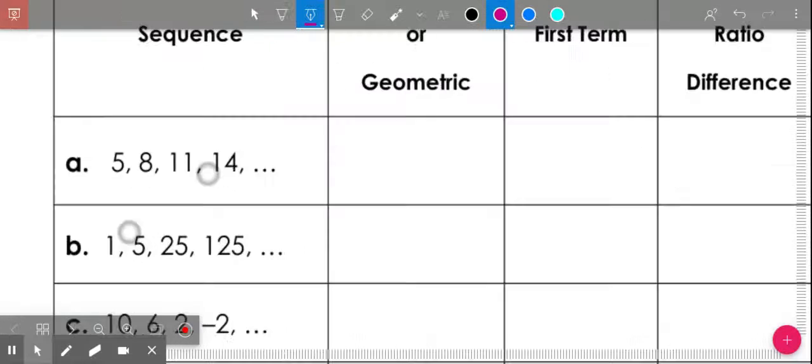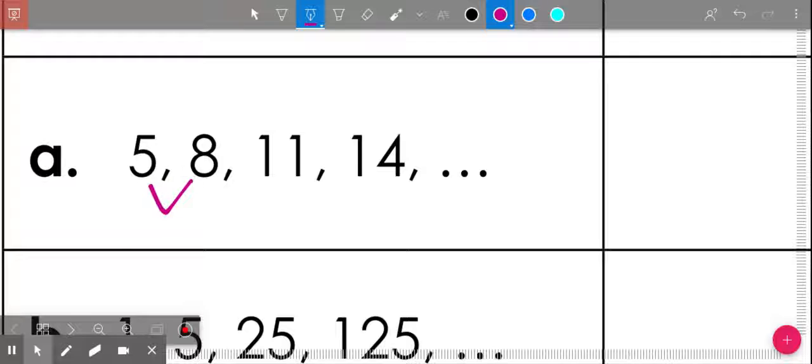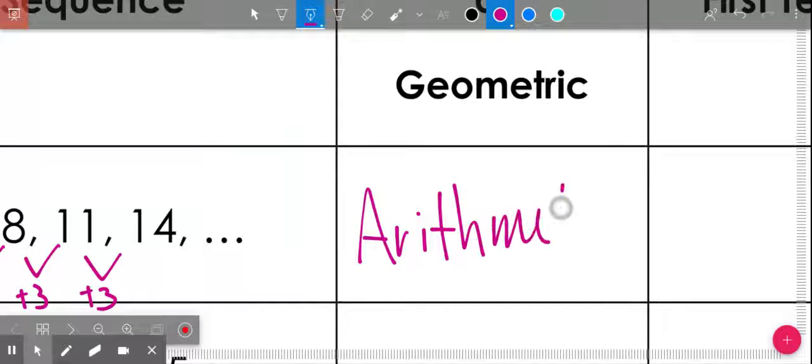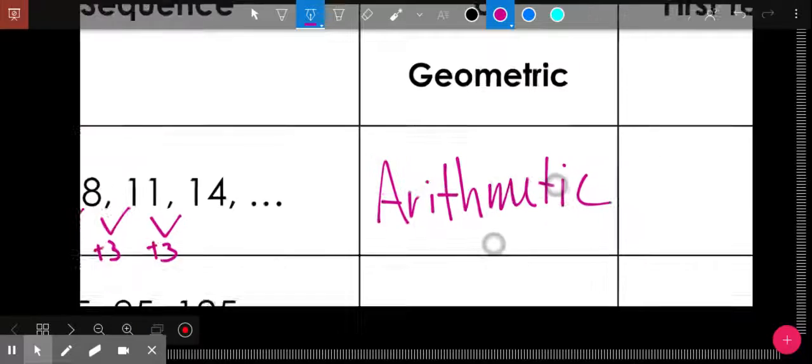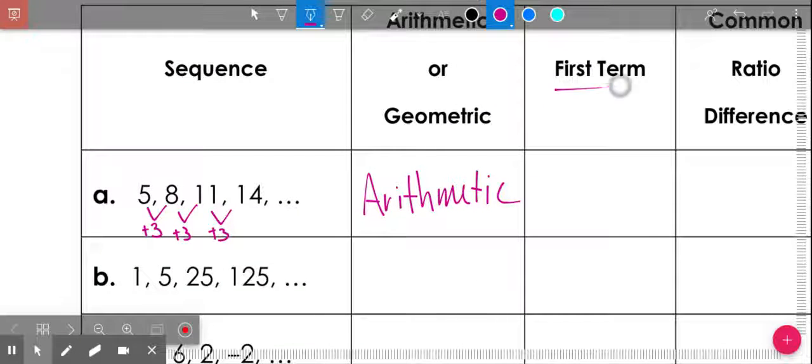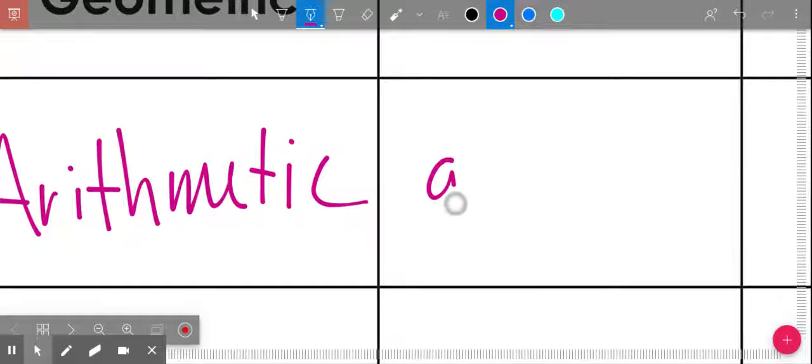So if we look at this first one, to go from 5 to 8, we add 3. 8 to 11, we add 3. And 11 to 14, we add 3. Since we are adding 3 each time, that's going to be arithmetic. And then we have our first term. Since it's arithmetic, we know it's going to be a sub 1.